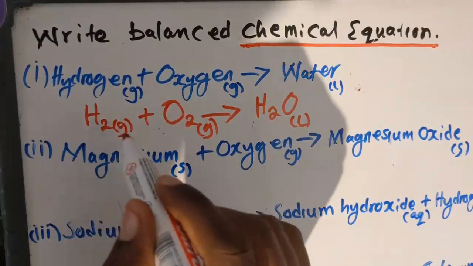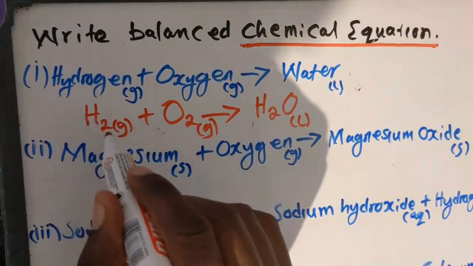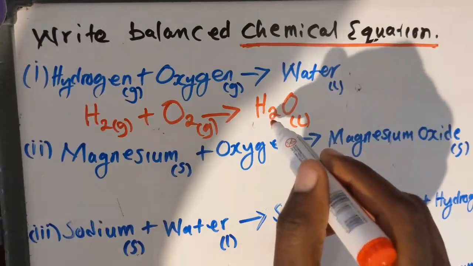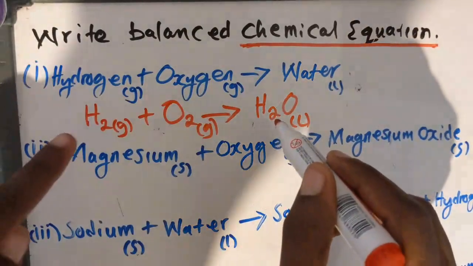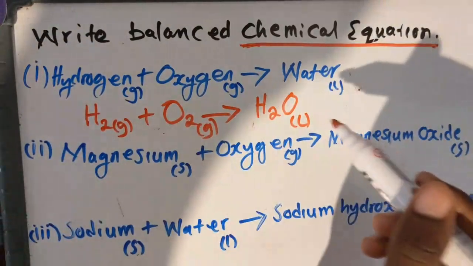Let's start solving. This is hydrogen and we have 2 atoms of hydrogen. How about this side? We have 2 atoms of hydrogen, meaning that hydrogen is balanced, 2 and 2. How about oxygen?